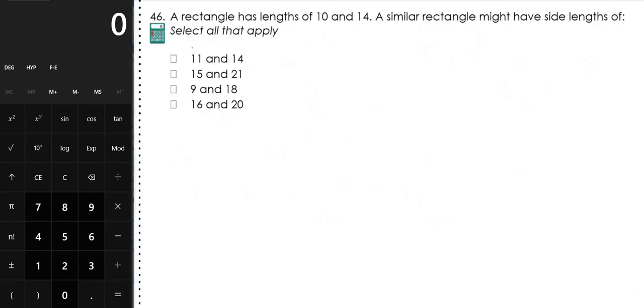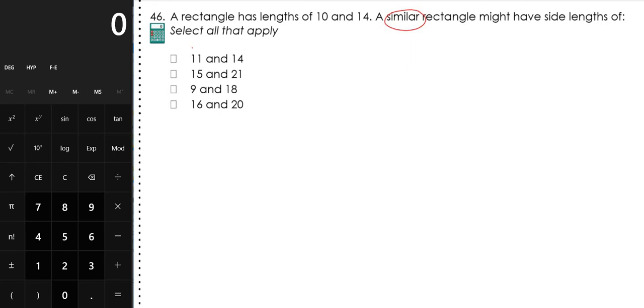Number 46. A rectangle has lengths of 10 and 14. A similar rectangle might have side lengths of, select all that apply. Now, similar shapes have consistent ratios for their sides. So what we want to do is check that the ratios are going to stay consistent with the new side lengths.